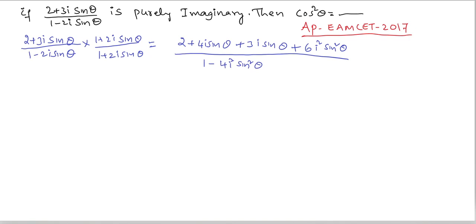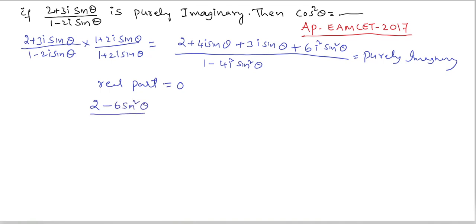So here, given this is purely imaginary, the real part is 2 minus 6 sin square theta by 1 plus 4 sin square theta equal to 0.